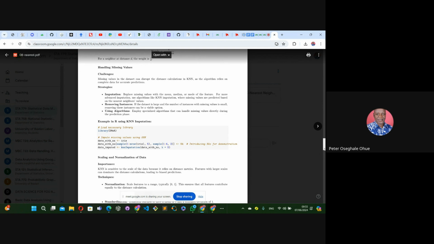You can just copy and run it on your system, and if it doesn't run, you can check the error output and then debug it. The library used here is DMwR, and mind you, this code is written in R.